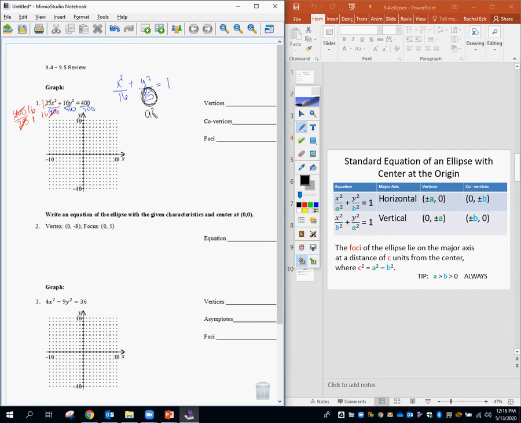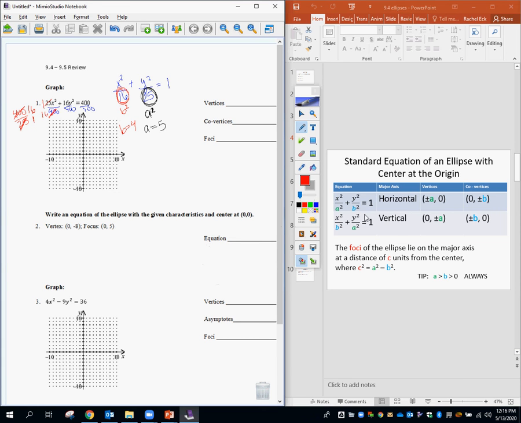It's the bigger number, and it's underneath the y squared, so I'm in this vertical ellipse row. If A squared is 25, that means A must be 5. And if 25 is the A squared, that means 16 is our B squared, which would make B 4.